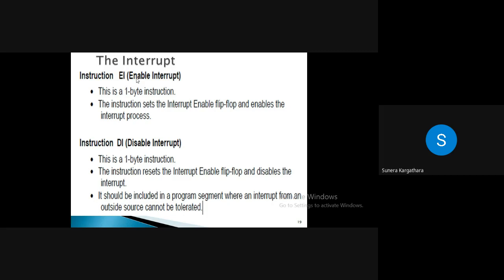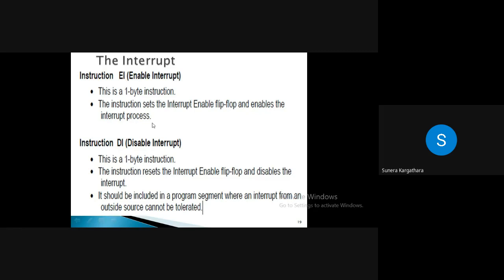Now, whether it is a vectored interrupt, maskable interrupt, or non-maskable interrupt, this kind of information the processor has to retrieve from the SIM and RIM instructions, set interrupt mask and read interrupt mask.